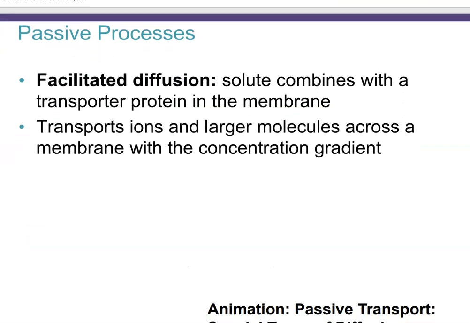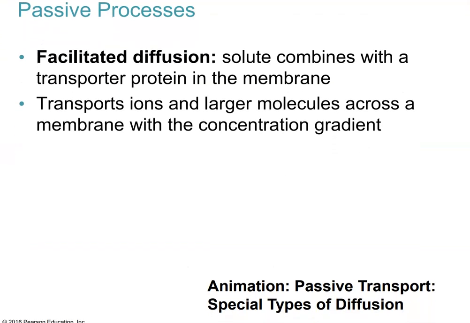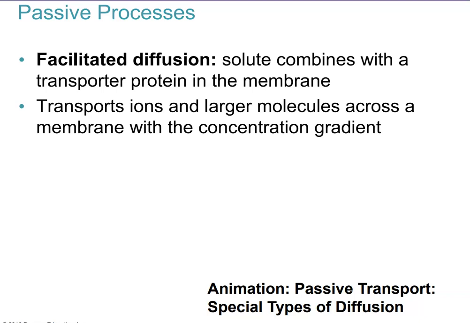Now, facilitated diffusion means diffusion with help. So now we need help to get across because we are trying to get something across the phospholipid bilayer that wouldn't normally be able to go through that lipid barrier. That would be something that's charged perhaps, or something that's larger and hydrophilic in nature. For that, we need facilitated diffusion.